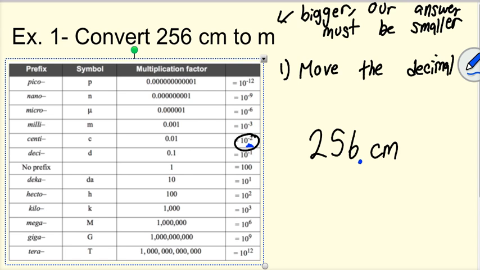Okay? It's like timesing it by 10 to the negative 2 or timesing it by 0.01. When you do that, the decimal moves over 2 places. Okay? So 256 centimeters is equal to 2.56 meters. And that makes sense. There's 100 centimeters in a meter. We moved the decimal over twice. This number is smaller. We're good to go.